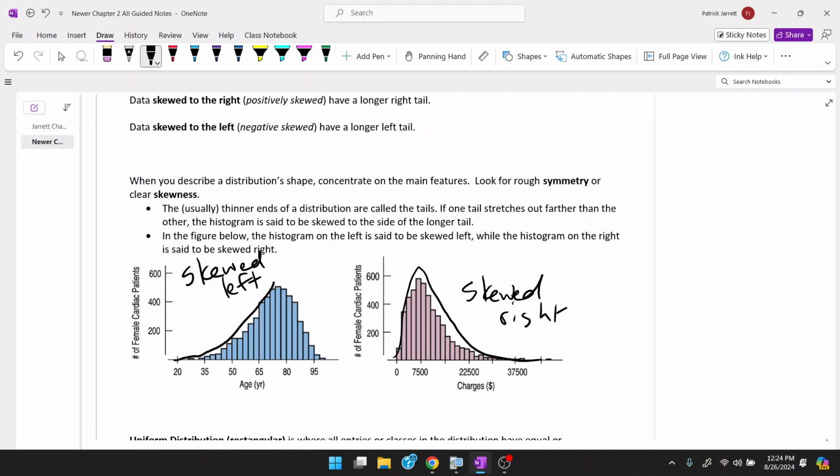Now, so you all know the difference between left and right. If you have trouble remembering your left from your right, do this. This forms an L. That means left. That's one way I knew how to do it. I also remember when I was a kid, the shopping center had a sign that said no left turn, because if you made a left turn coming out of it, you went right into oncoming traffic.